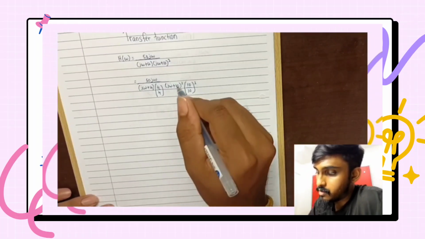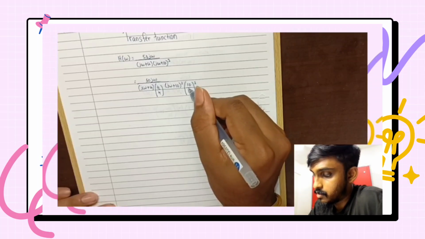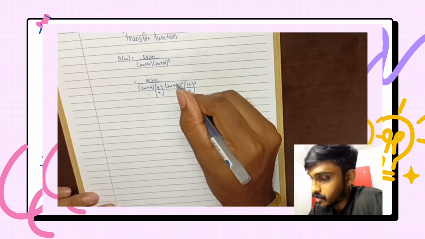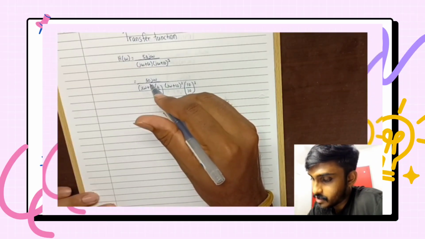For example, if here we have a 6, we change it with 6 over 6, because when we divide by 6, it will change to 1. Same goes here, it will change to 1.